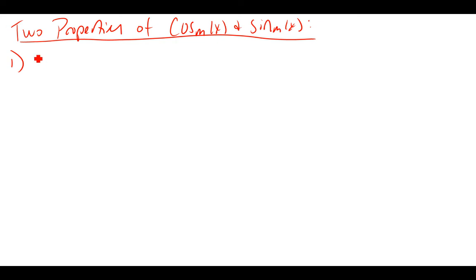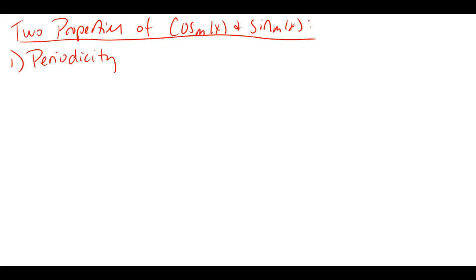One is that they are both periodic, or they both have periodicity. I think we know what period means, but I'm going to give it to you anyway in case it's been a while.